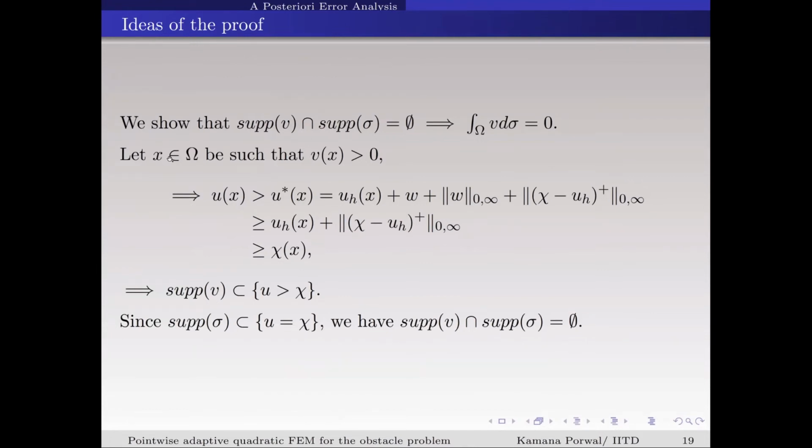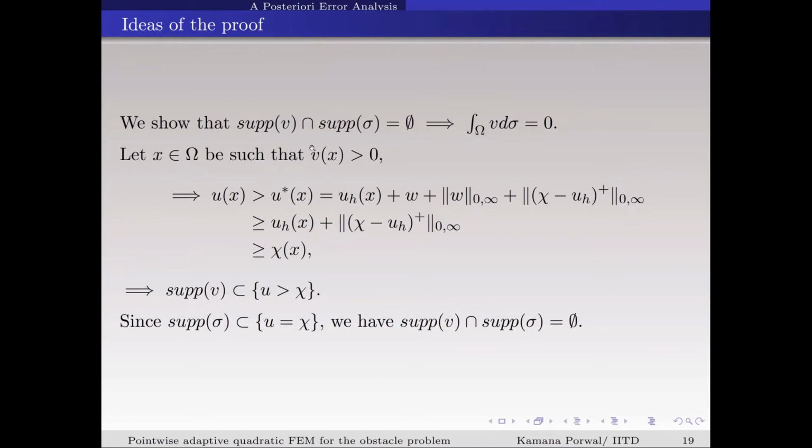If we take any point x in the domain where v is strictly positive, then by using the definition of v, we have that u is strictly greater than u star there, and u star is this function. Now note that W plus norm W is always a positive function. So this expression is bounded below by this function, and this is further bounded below by the obstacle chi.